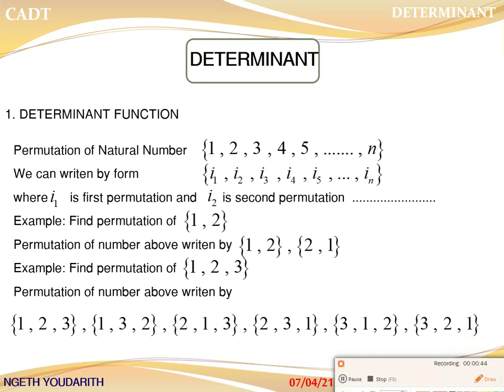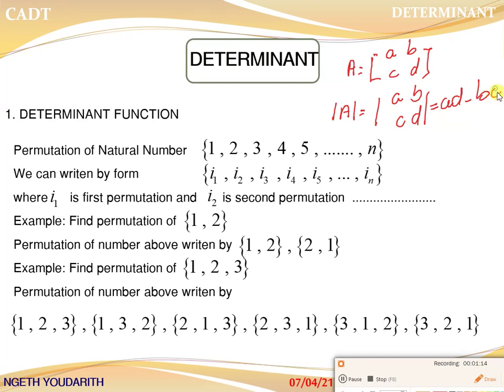So at that time you had to know that if you have the matrix A, for example A equals A, B, C and D, and you have the determinant of A, you can write it like this, the absolute of A, B, C and D. It equals AD minus BC.